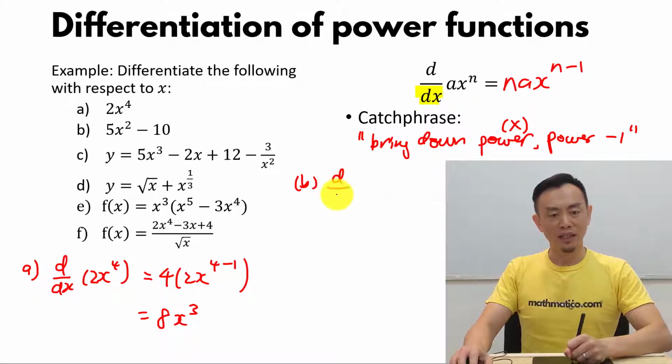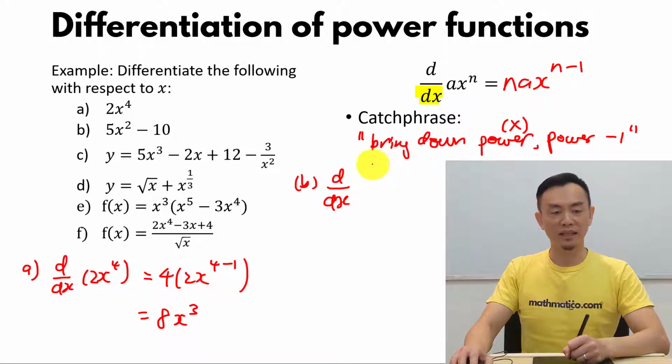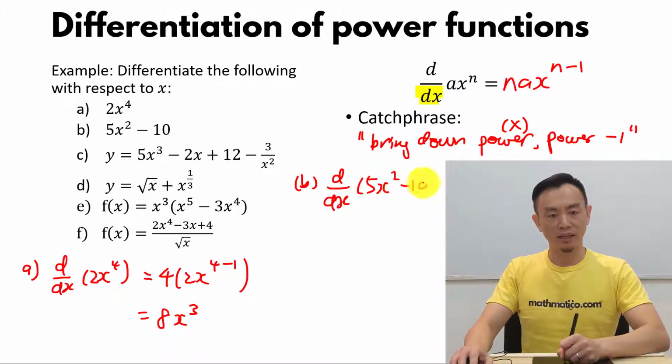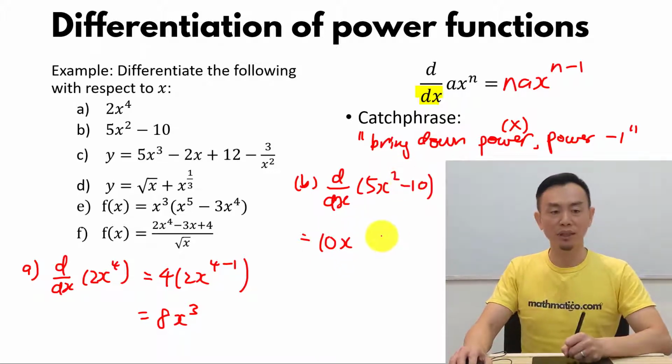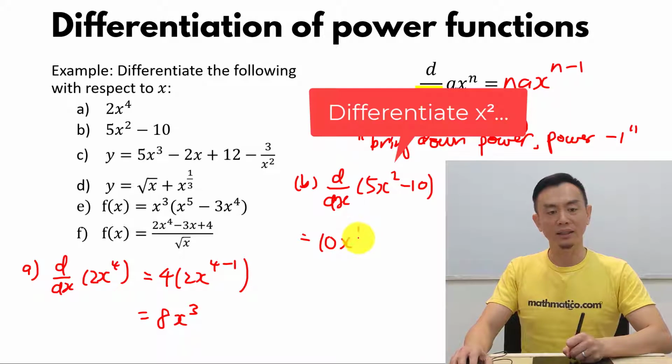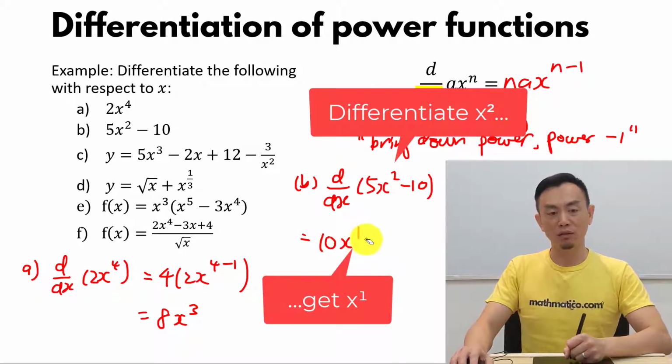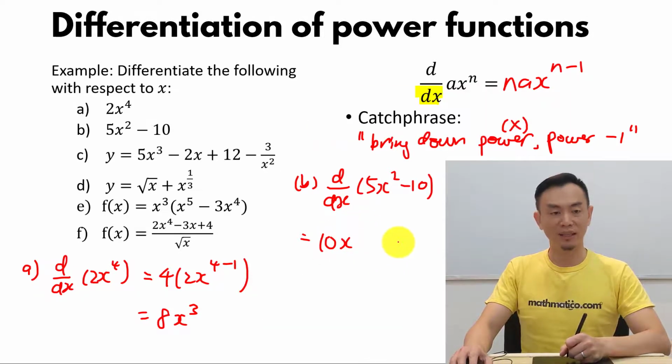Part B. Again, we have an expression here, so I'm going to write d dx of 5x squared minus 10. We will bring down the power. Now, if you are familiar with it, you can straight away see it's 5 times 2, right? So we have 10 here, 5 times 2 is 10. x to the power of 2 minus 1. 2 minus 1 is 1, but if it's x to the power of 1, we normally don't write it, okay?